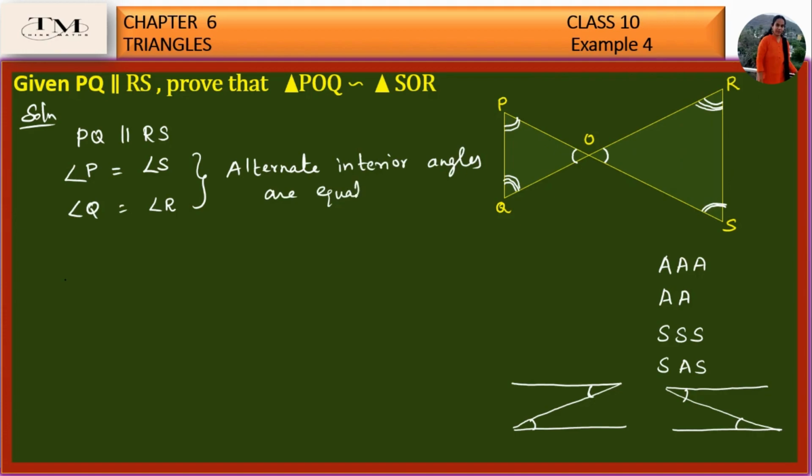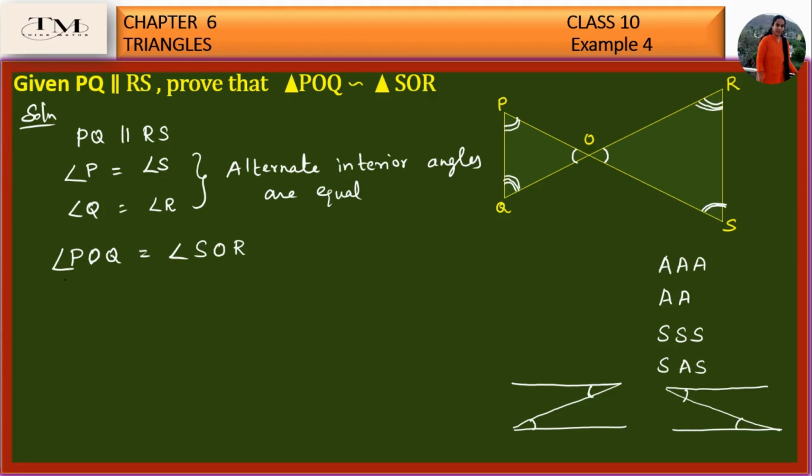Next, angle POQ. In the center part there will be O, so it is angle O on both sides. If this is P, angle P is equal to angle S, so write S here. If it is Q here, angle Q is equal to angle R, so write R in this place. So this is the order you have to write.